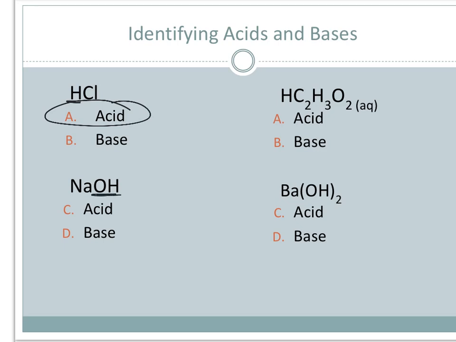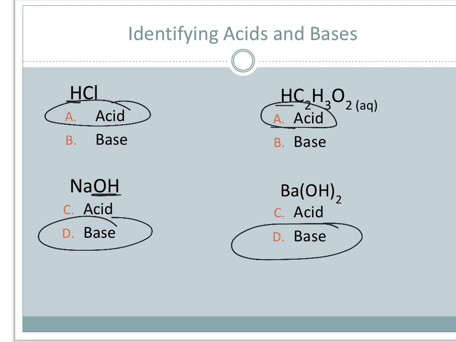NaOH ends with OH, and so that's a base. This over here, this is acetic acid, actually, if you guys remember from our lab. So this also starts with an H, and so that's an acid. And then Ba(OH)2, that is barium hydroxide, and so that is a base.